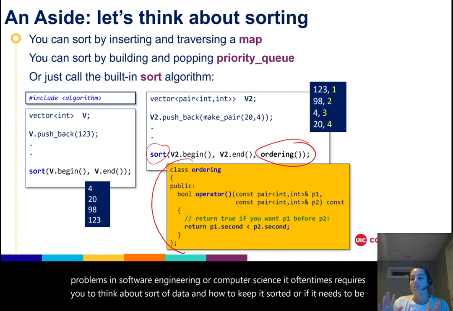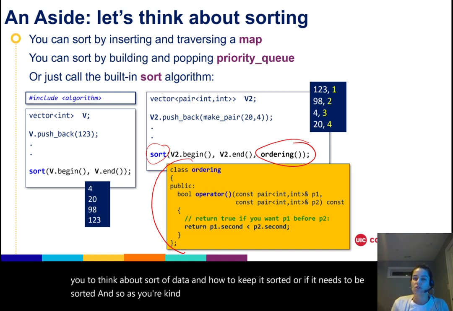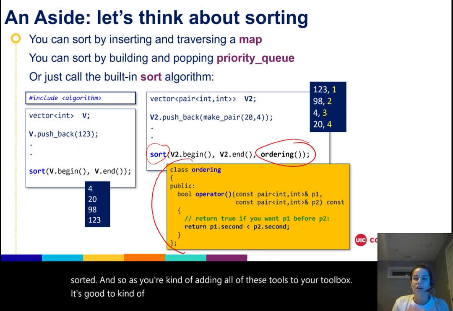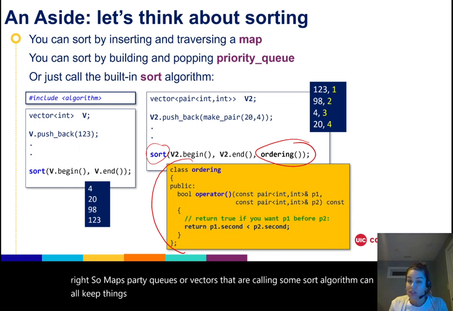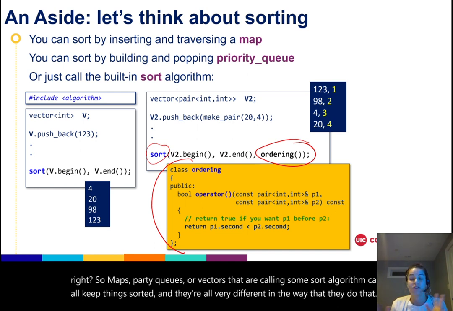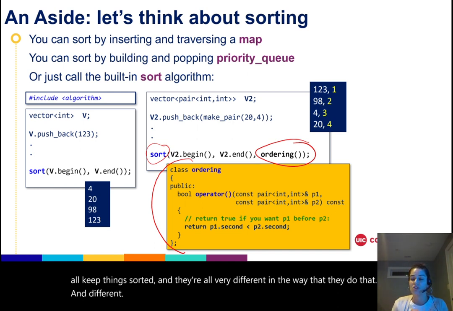As you're adding all of these tools to your tool belt, it's good to conceptually map them into your head, of what the tools do, right? So maps, priority queues, or vectors that are calling some sort algorithm can all keep things sorted, and they're all very different in the way that they do that, and there are different uses for each of them.